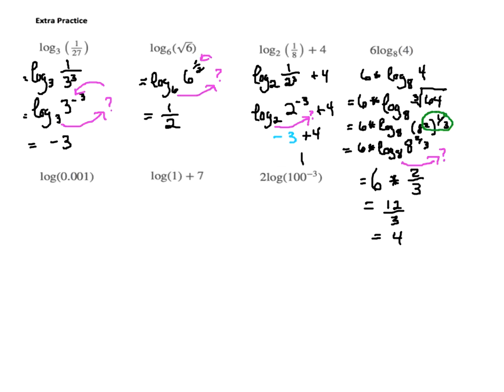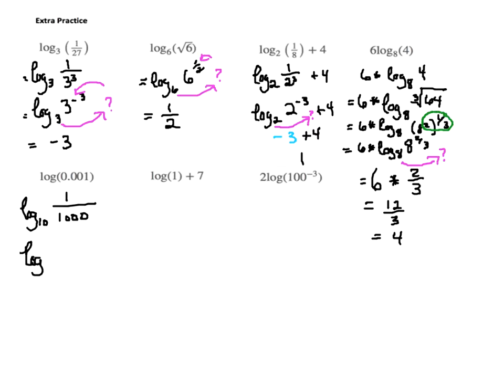So looking at these last 3, they're all common logs. I can actually use my calculator to evaluate these, or I can use my smarts to evaluate these. This is the same thing as log base 10, understood base 10. 1/1000th is the same thing as 1 over 1,000.